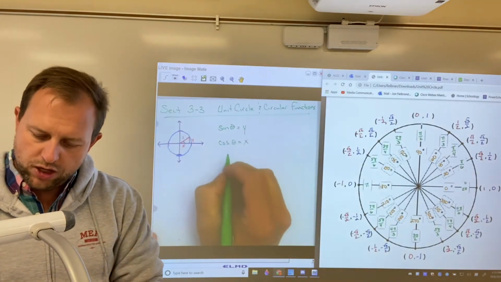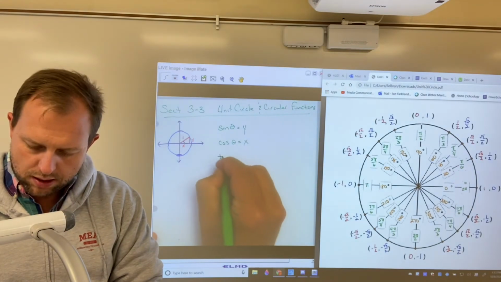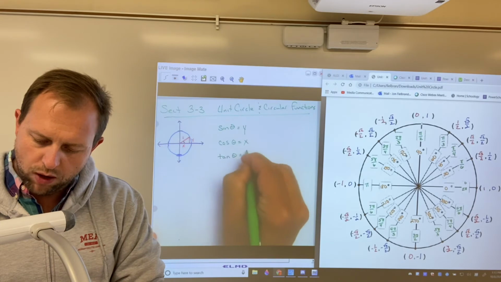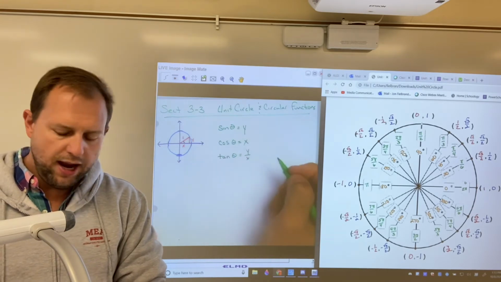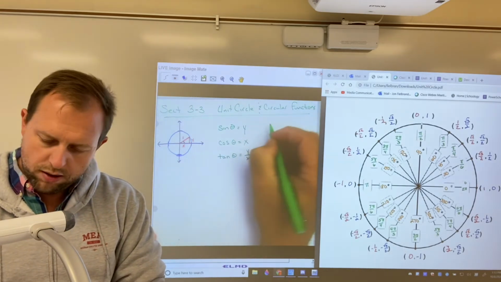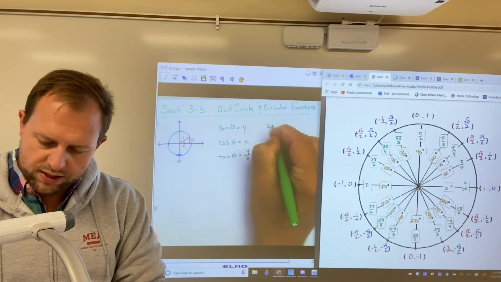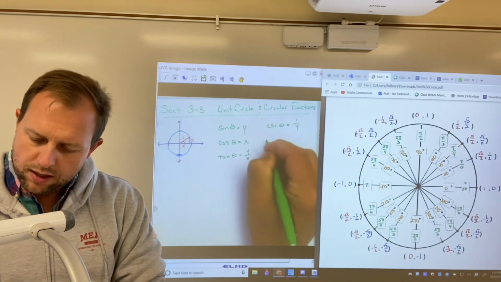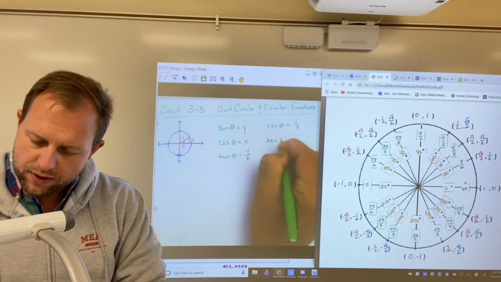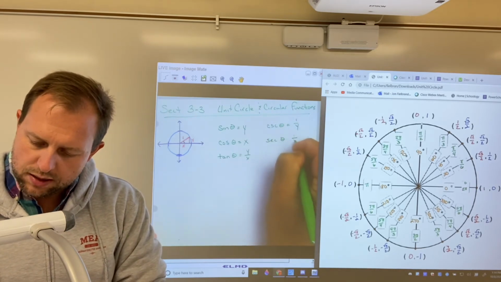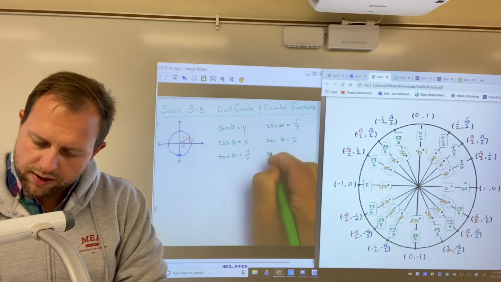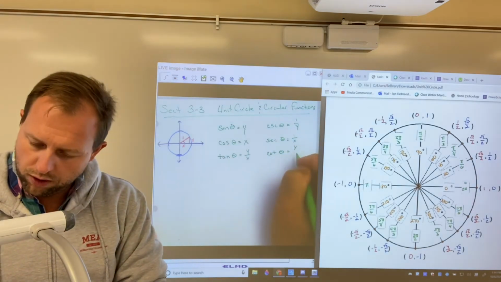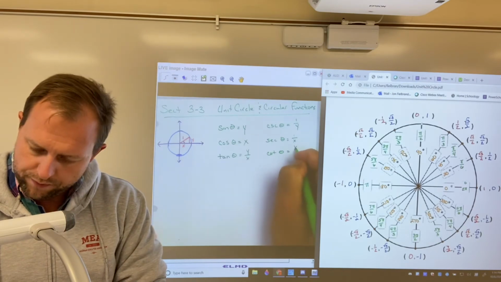For tangent of theta, opposite over adjacent is still y over x. And for our inverse functions, the cosecant of theta is 1 over y. The secant of theta is 1 over x. And the cotangent of theta is x over y.